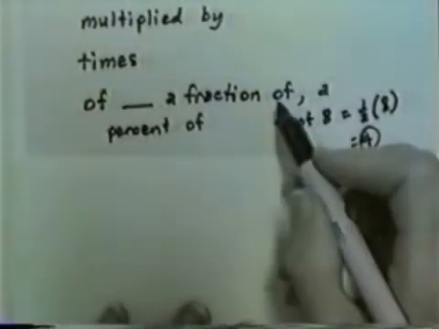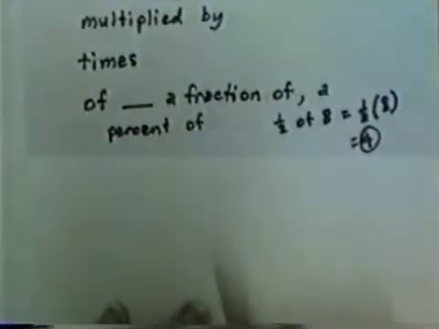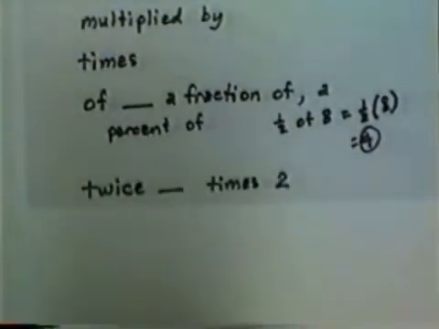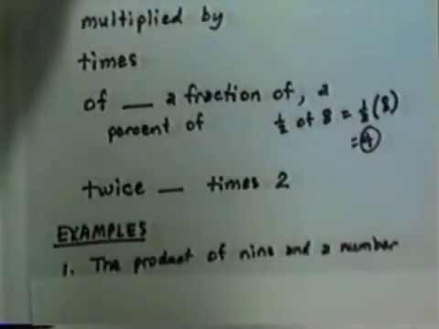A fraction of, or a percent of, means to multiply the fraction by whatever follows of. A special word that means multiply is the word twice. Twice means times 2. Let's look now at some examples.